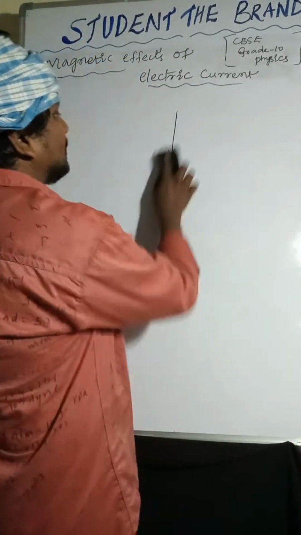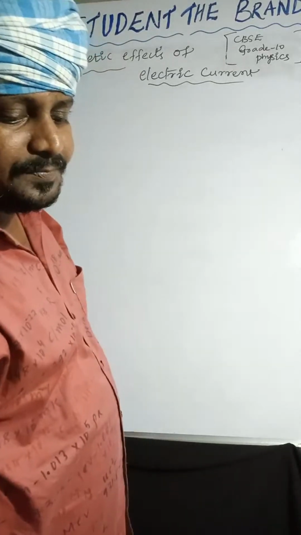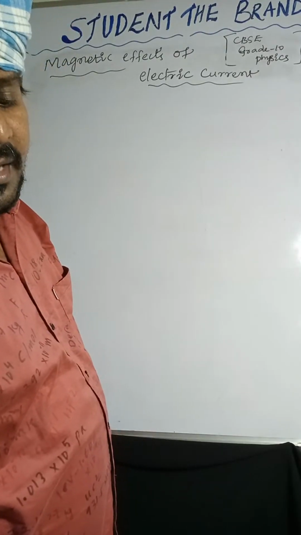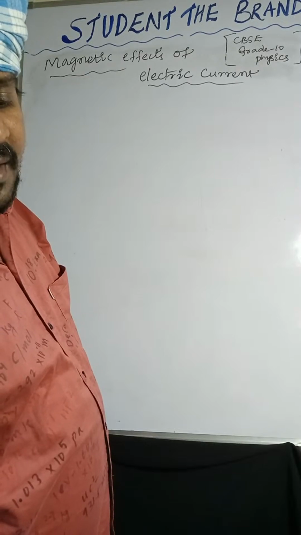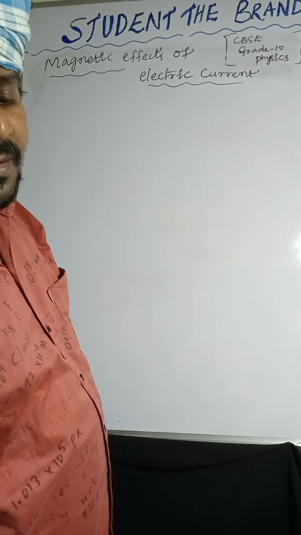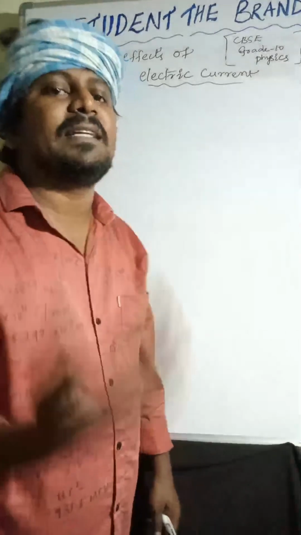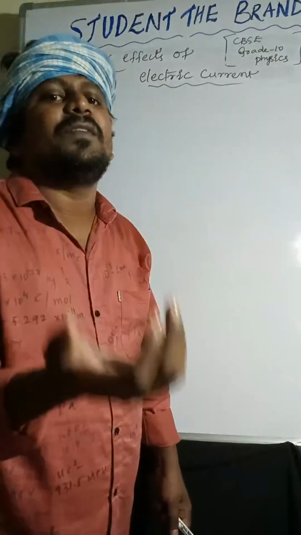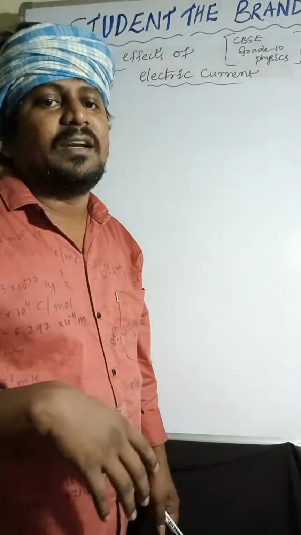If the current is passing in the conductor, by using the right hand thumb rule, we can identify the magnetic field.